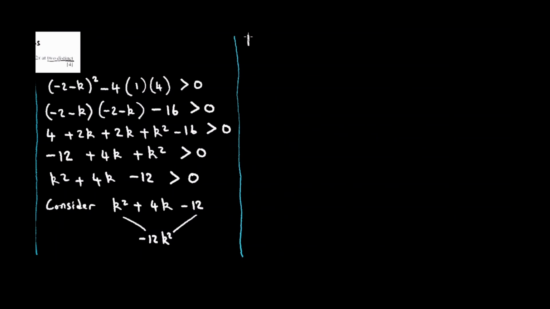So now we need factors of minus 12k squared, such that if we multiply those two factors, they give us minus 12k squared, and if we add them or subtract, they give us 4k. So if we go with 6k and minus 2k, 6k minus 2k is 4k, and 6k times minus 2k is minus 12k squared.